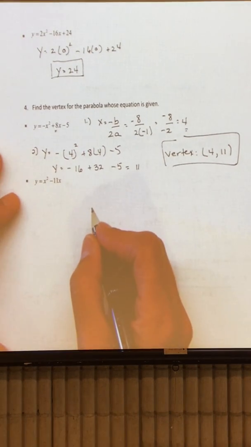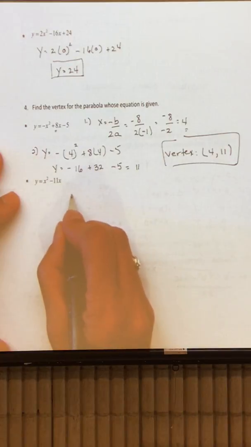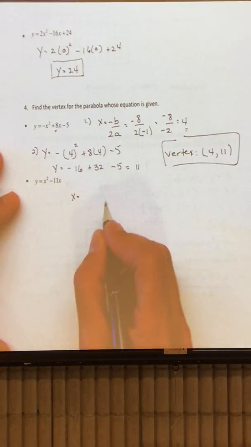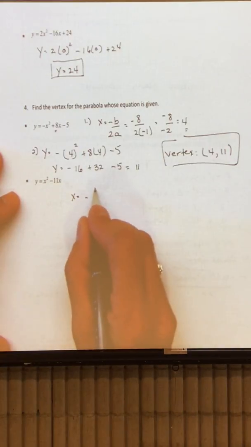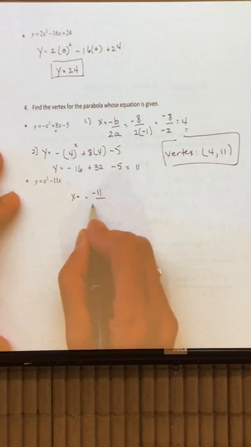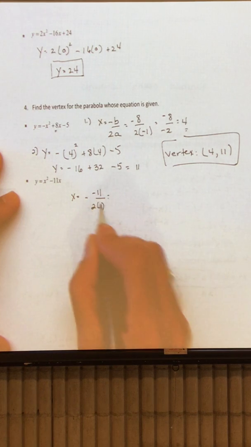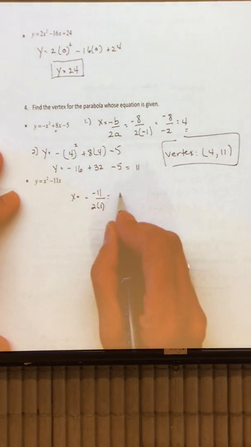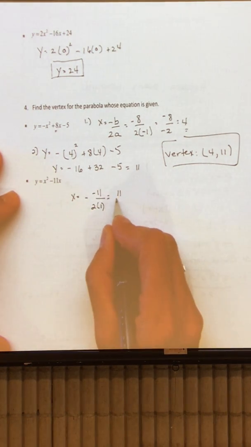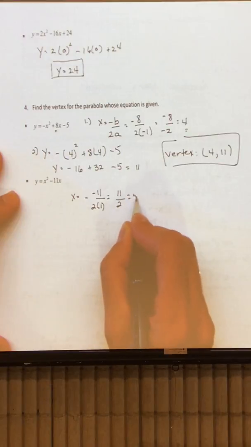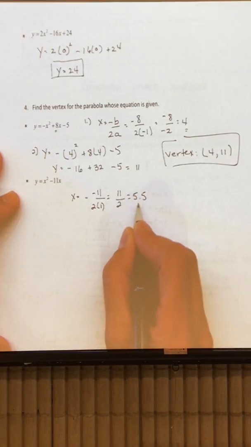So the second part of number 4, you would proceed the same way. X is equal to negative b, which is negative 11, divided by 2 times a. So a negative times a negative is a positive. 11 divided by 2 is equal to 5.5.